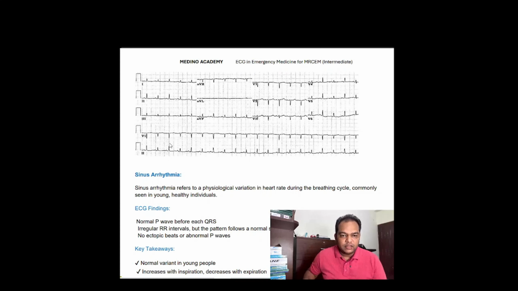Then the third QRS complex is relatively larger than the fourth QRS complex. This is called electrical alternans. That means one relatively larger QRS complex is followed by one relatively smaller QRS complex, and so on.